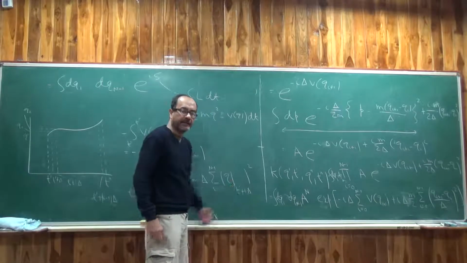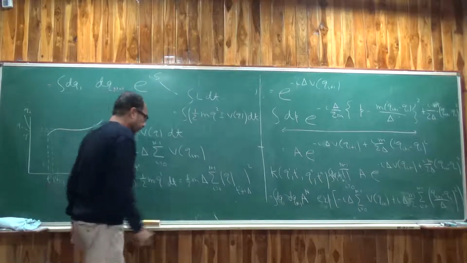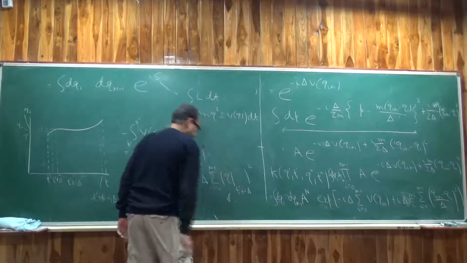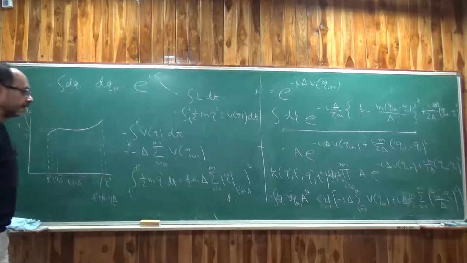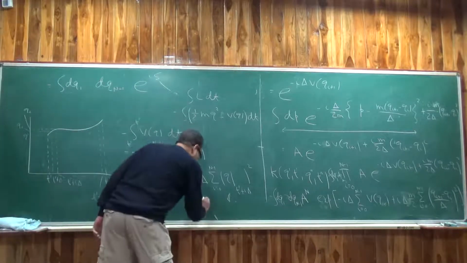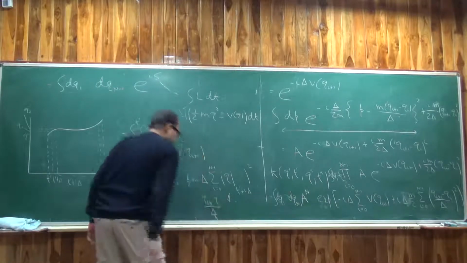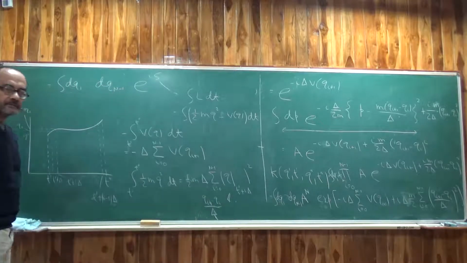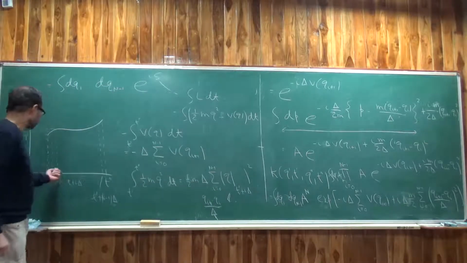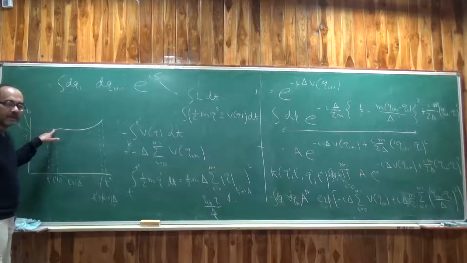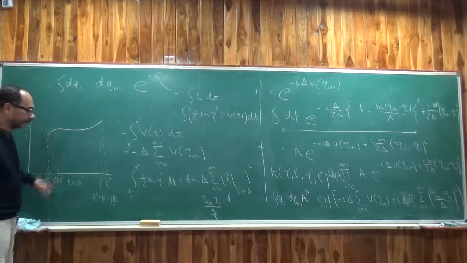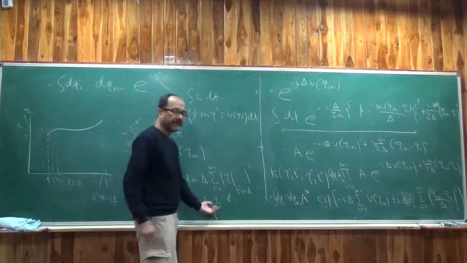As you are summing over i, you are integrating over t. But this one I can write as q_{i+1} minus q_i over delta. Delta is the interval. So you calculate the i plus 1 value minus the ith value, divided by delta. So that's this one.